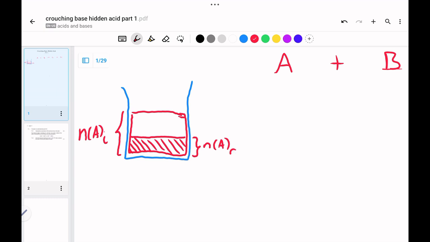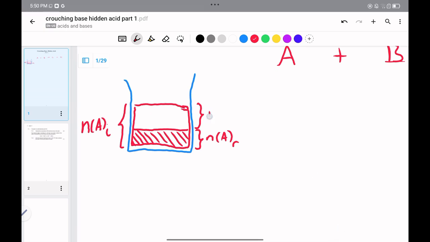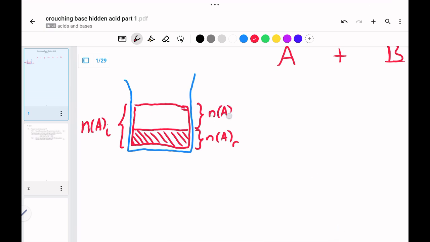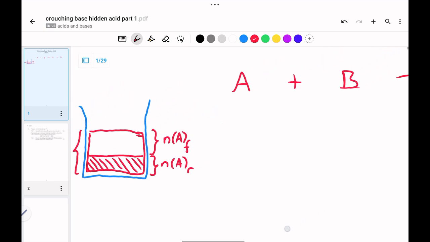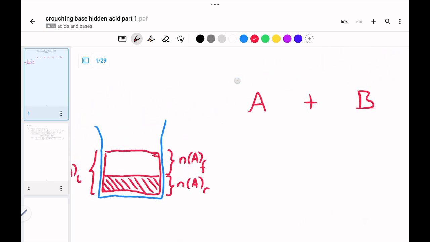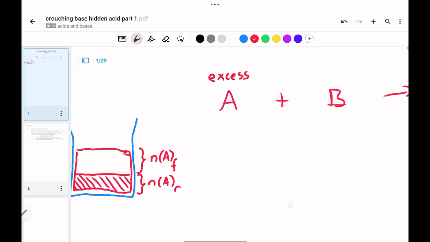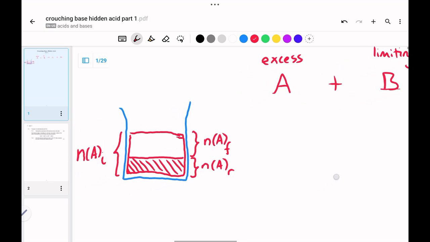They, along with B, become the products, C and D. And this piece here represents the moles of A in the final state. That's what you're left with. That's the excess. So in this problem type, A is in excess, B is the limiting reagent, so all of B is used up.